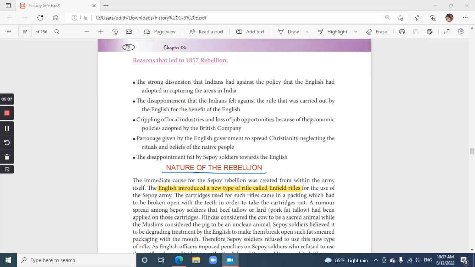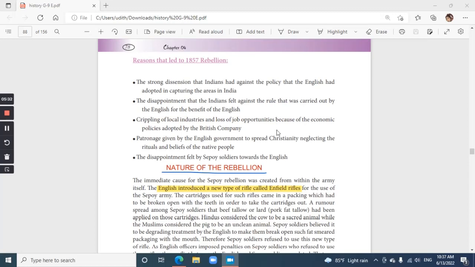Under these policies, people lost their job opportunities and local industries had to stop. So the Indians were really disappointed for this reason also.